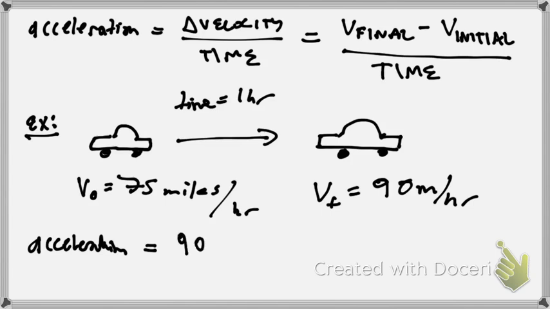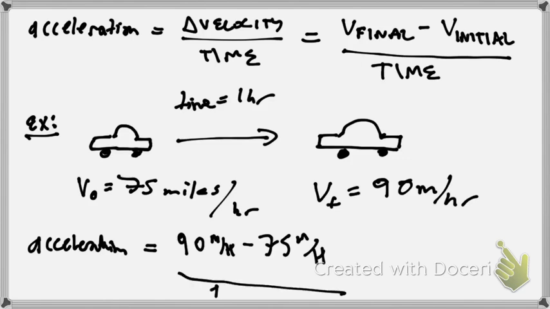So we did 90 mph minus 75 mph, right? Over, it took 1 hour, right? And what we got is acceleration, right? What's 90 minus 75 is 15, right? So we got 15 miles per hour squared, all right? And it's a vector, so it's positive, right? Because the difference is positive.